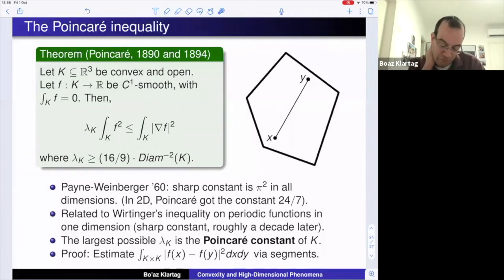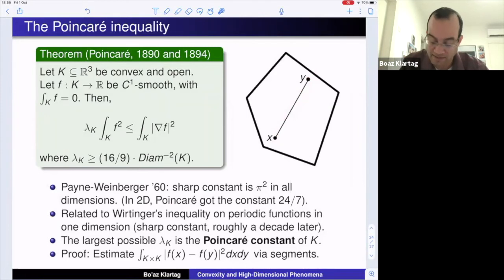What was the idea of Poincare's proof? Very roughly, I can say it in one minute. We have to use convexity in some way. So you're given 2 points x and y in your domain K. You can connect them by a segment, and you could use the fundamental theorem of calculus and say that f of x minus f of y is the integral of the derivative of f along this segment.